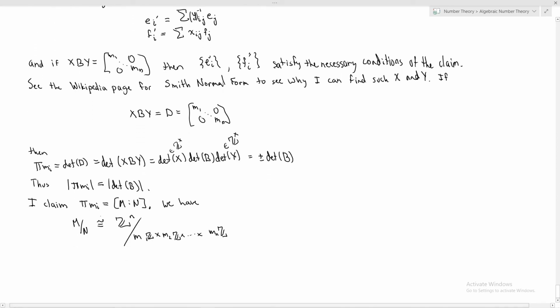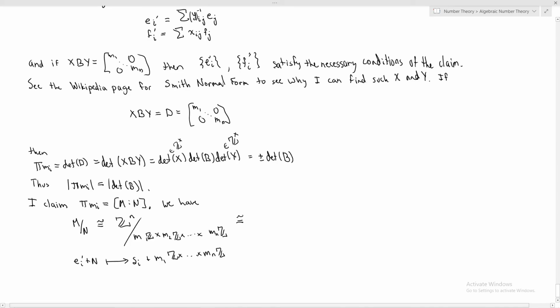If you want to understand where this isomorphism is coming from, it is essentially the isomorphism coming from D. You send e_i prime plus N to delta_i plus m_1Z cross ... cross m_nZ.